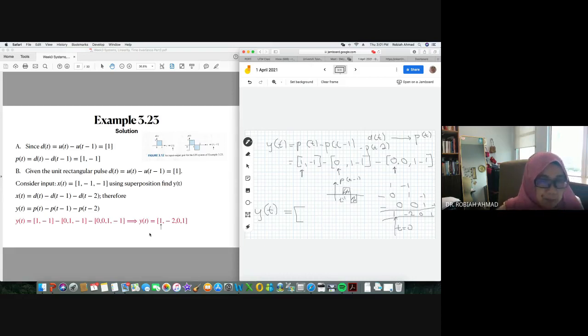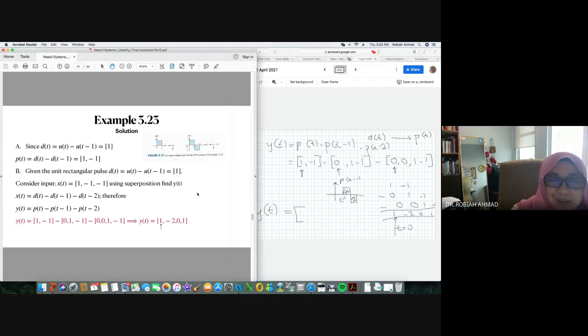This is the concept of superposition in the LTI system. Okay class, is it okay? Whoever has a class at 3 o'clock, you may leave now because I think we won't finish. So I have to continue. Does everyone have a class at 3?